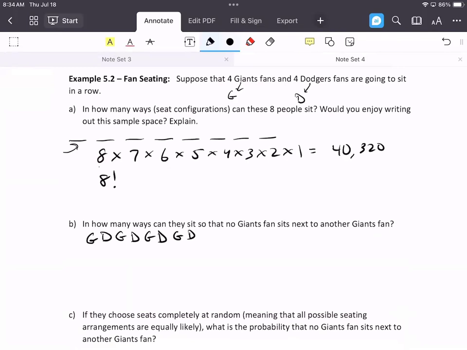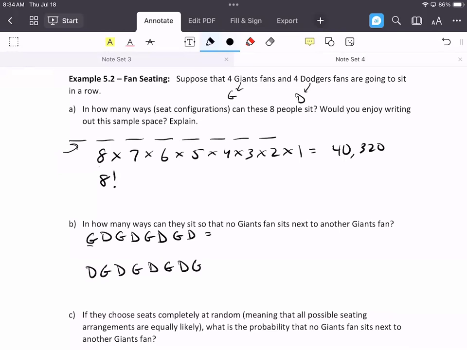Alrighty. Is that the only way that could happen? You have to think about it. It's like, well, no, what if the first seat was a Dodger fan? And there we go.